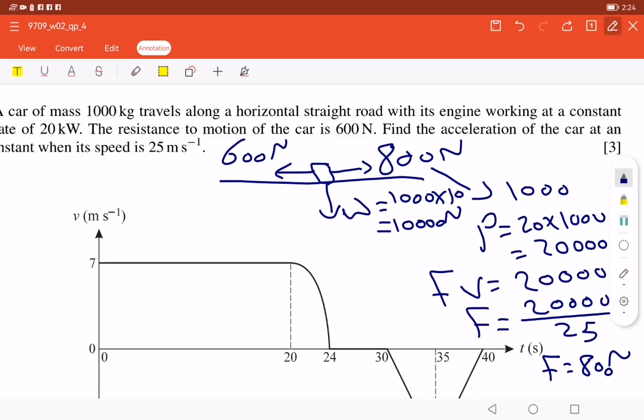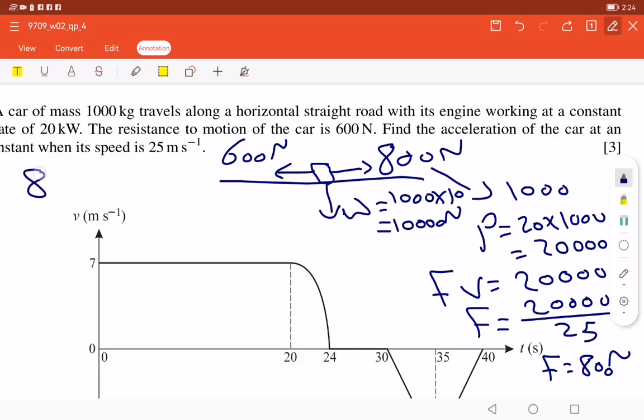But to find the acceleration, we can use Newton's second law. The resultant of all forces acting on the body in the direction of motion, or in the opposite direction of motion, equals the mass of the body multiplied by the acceleration. What does it mean?